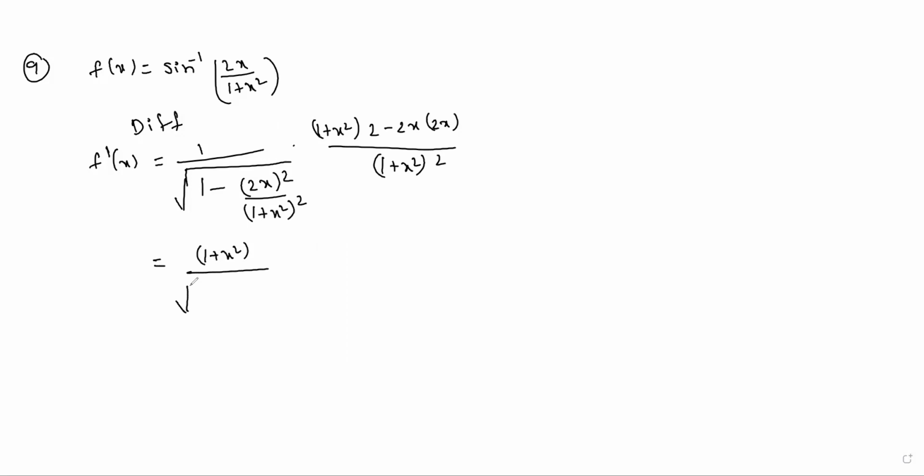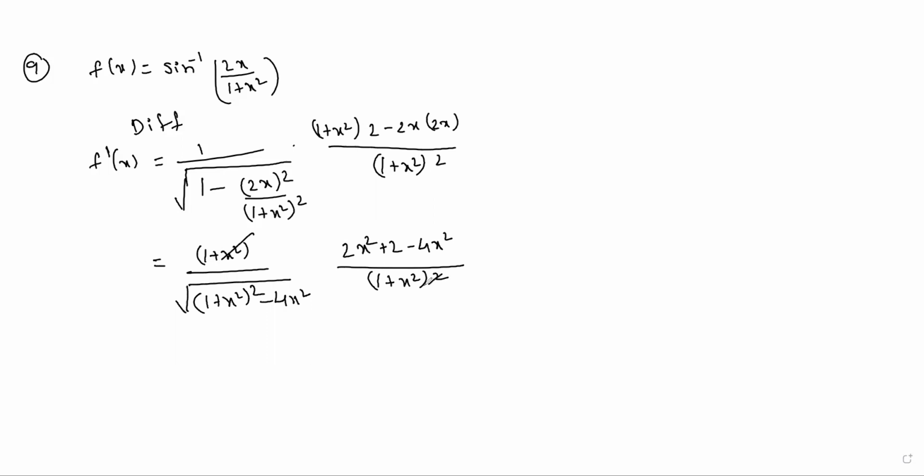Now inside the root, what will happen? You will see 1 plus x square whole square minus 4x square. If you multiply 2 inside, 2x square plus 2 minus 4x square, 2 into 1 is 2, and the remaining denominator is 1 plus x square whole square.